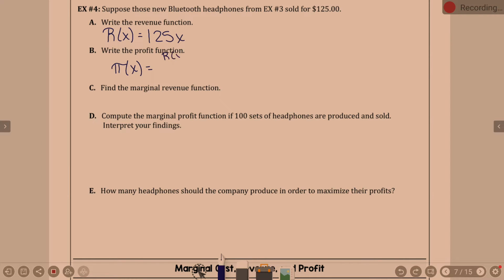You're going to take your revenue, the money you bring in, and you're going to have to subtract off your cost, because your profit is how much you bring in minus your cost. Well, what's my revenue? $125x minus, what's my cost?